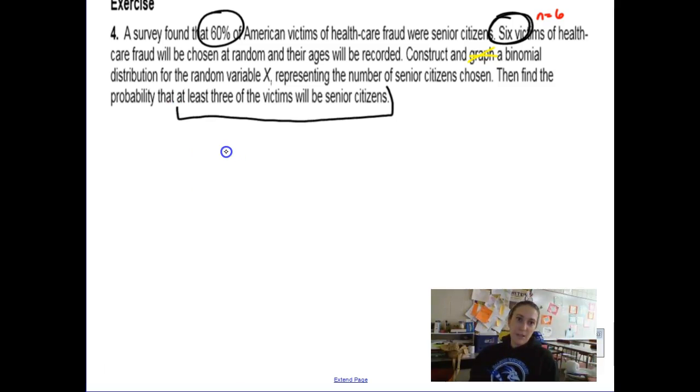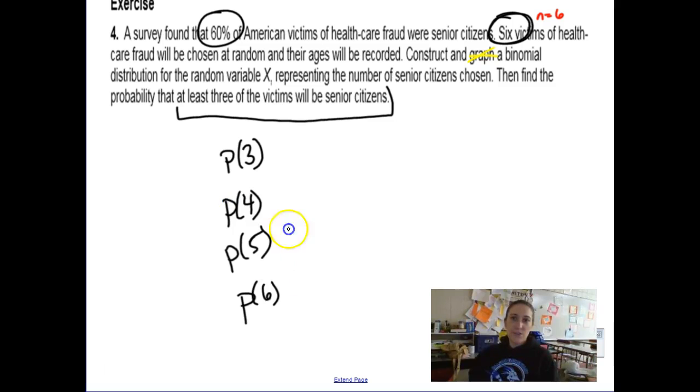So for the way we've been calculating them, what we're going to have to do is find the probability that 3 of them were seniors, find the probability that 4 and 5 and 6 were seniors, and then when we find all of these, we're going to have to add them all together. So a little tedious. Those of you who have more exposure to stats, the other option is you could use your Binomial Cdf formula, but remember that measures to the left of the curve.